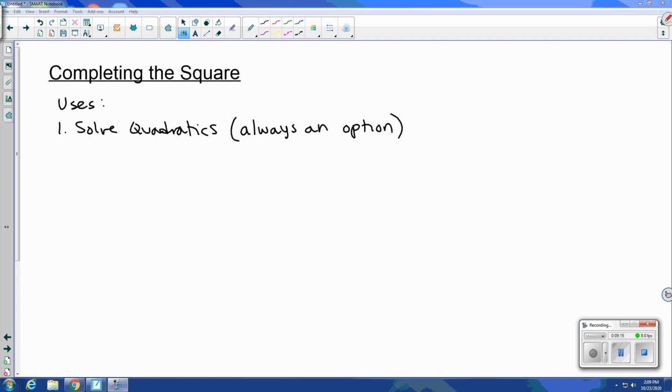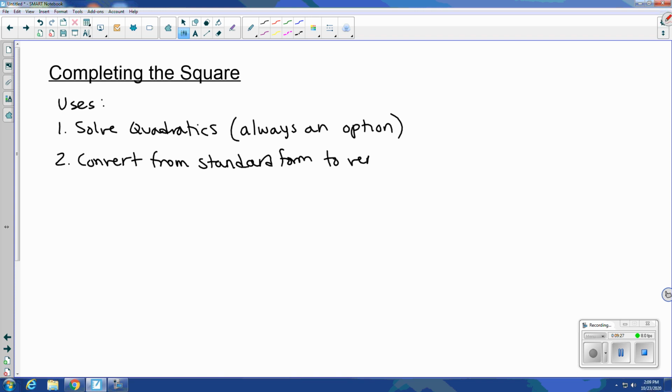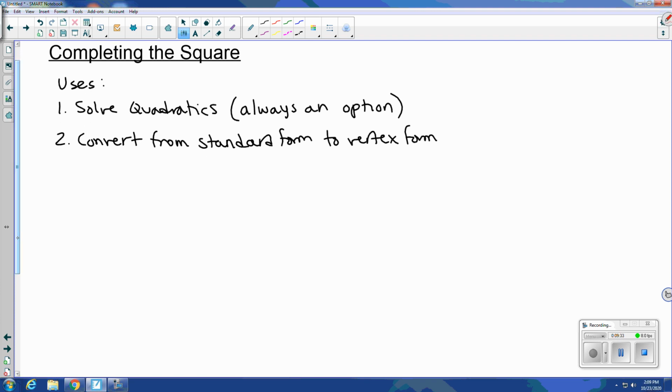Its other purpose will be to convert from standard form to vertex form. So what we're going to do is we're going to look at what the process of completing the square is. Then we'll look at examples for each of these uses.